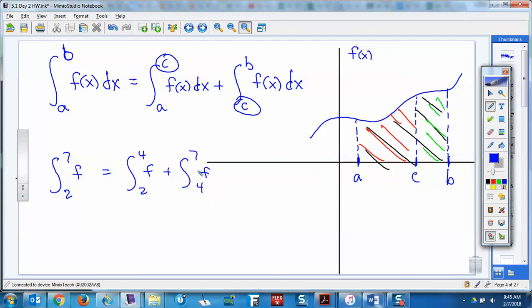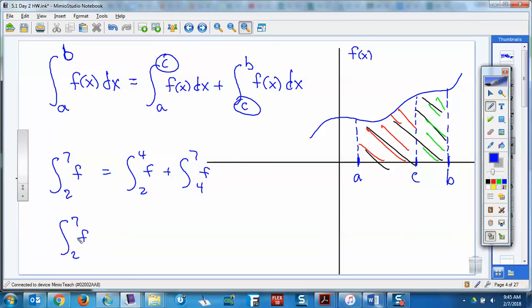That's pretty obvious, right? The area from 2 to 7 is going to be equal to the area from 2 to 4 plus the area from 4 to 7. Obviously. But now let's pretend that the function was all above the x-axis, so everything was positive area. Now, what if I wrote this?